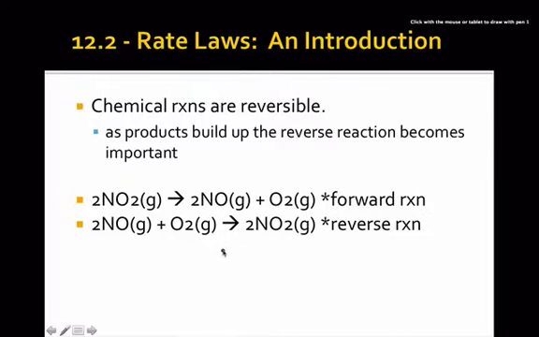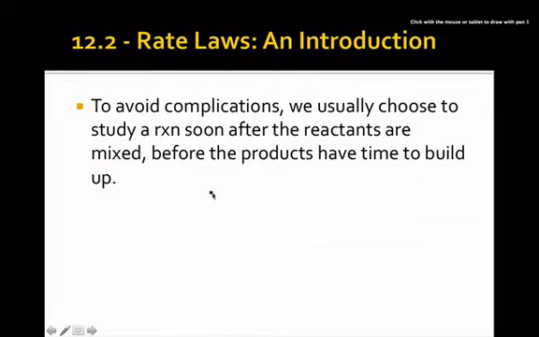But it is important to note that the reverse reactions become important the longer these reactions are let go. If the time gets longer, then the reverse reactions become more important. So in order to avoid complications, we usually choose to study a reaction soon after the reactants are mixed, before the products have time to build up.